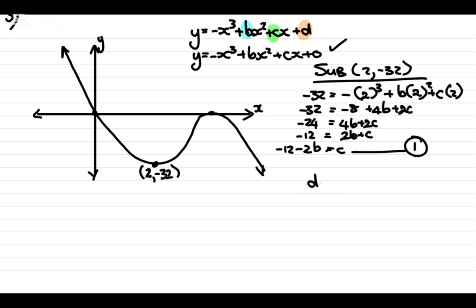So I'm going to say dy over dx is equal to 0, because we're going to make it equal to 0 because the gradient is 0. Okay.